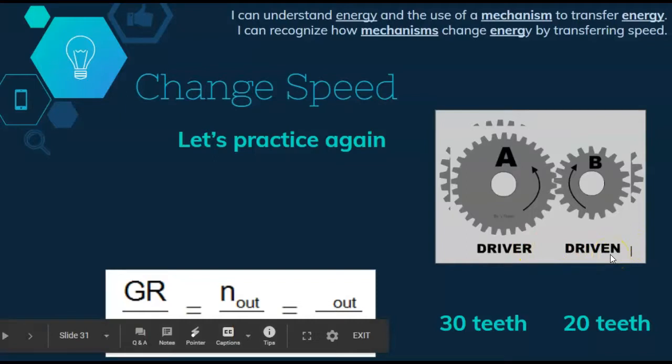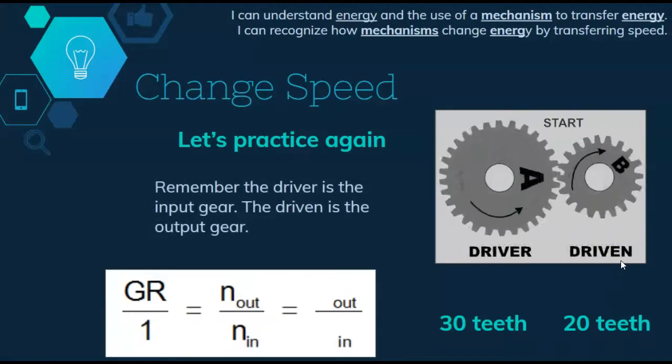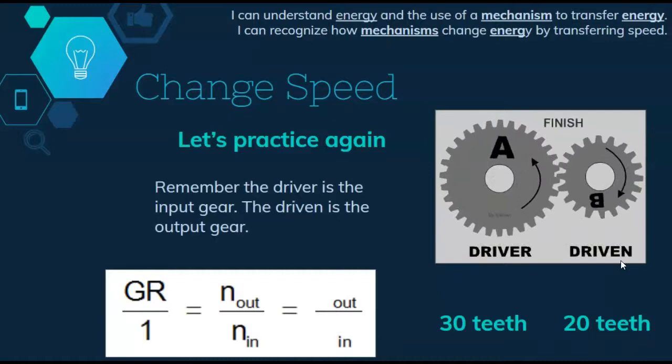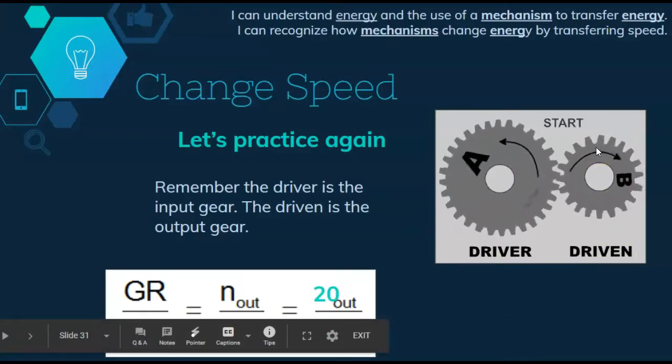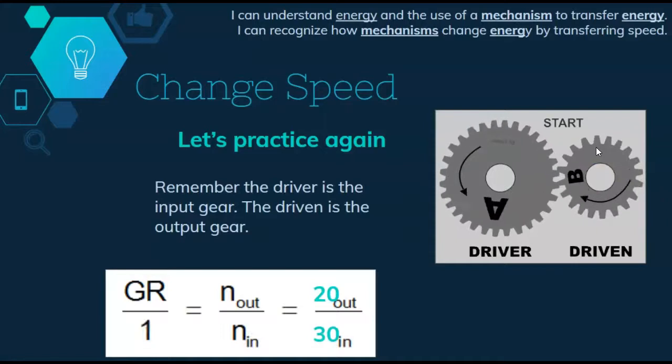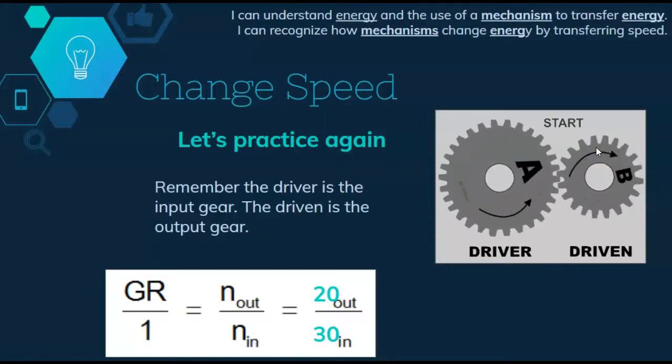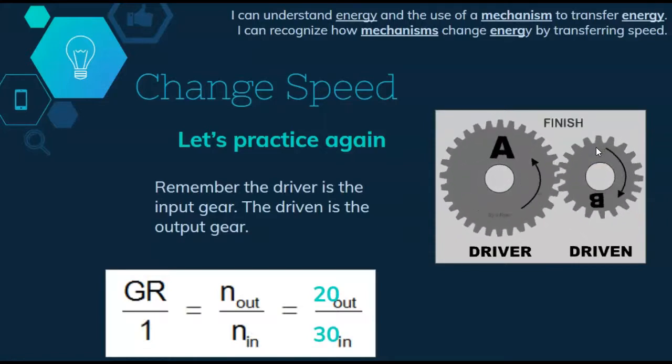We're going to plop those into our equation, remembering that the driver is the input and the driven is the output. That means 20 is going to go on the top because that is our output, and 30 is going to go on the bottom because that's our input.